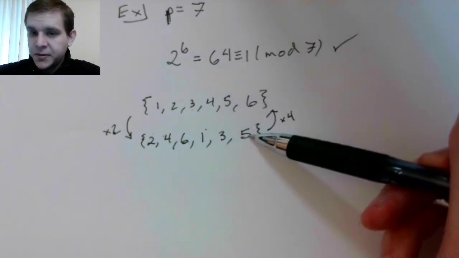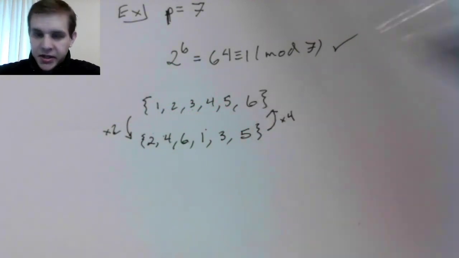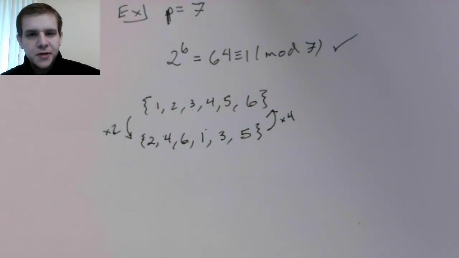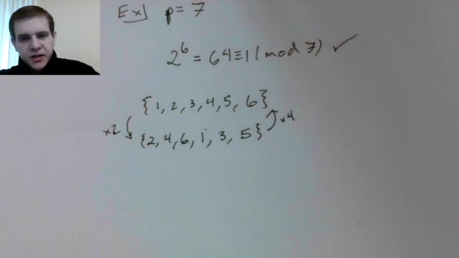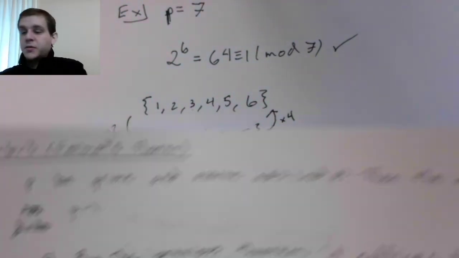And 5 times 4 is 20, and 20 minus 14 is 6. So when you're working with modular arithmetic, this invertibility is very nice. And that's the main thing we used in this proof of Fermat's theorem.